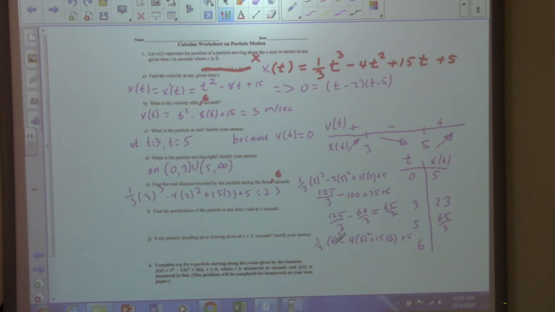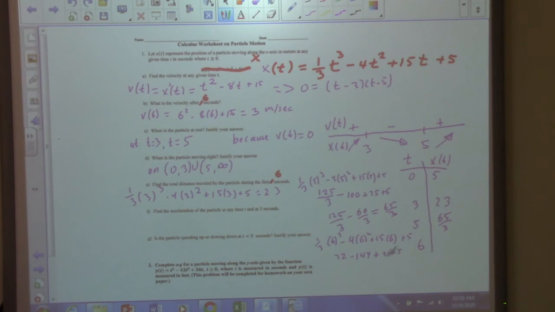And 216 divided by 3 is 72. So we get 72 minus 4 times 36, that's gonna be, is that 144? And 15 times 6, that's, let me see, 90, right? Is that right? 15 times 6 is 90? Yes. Plus 90 plus 5.